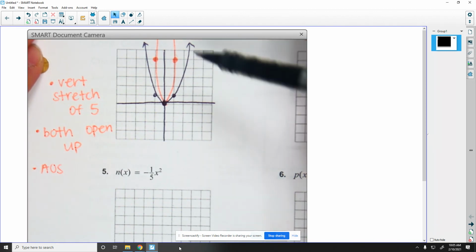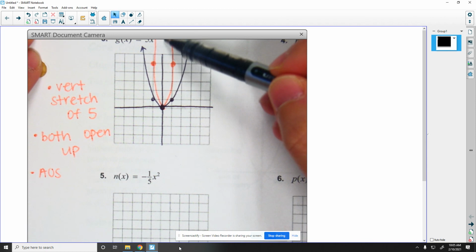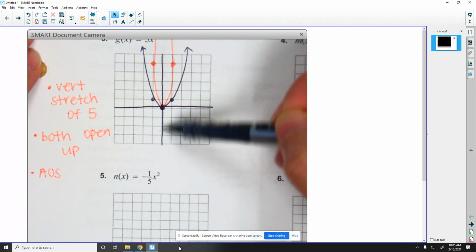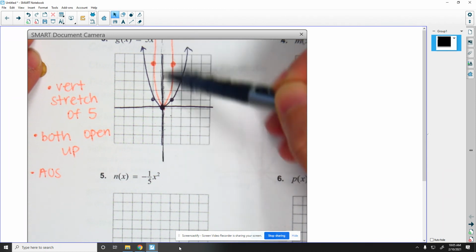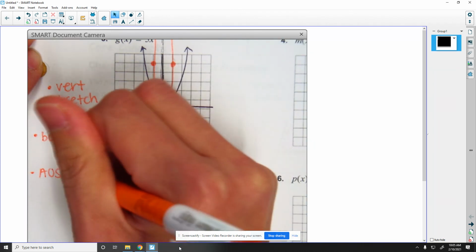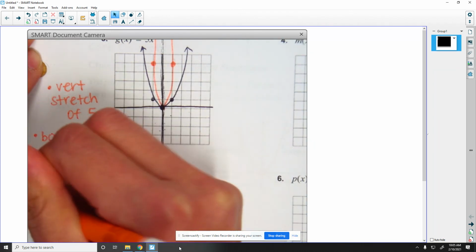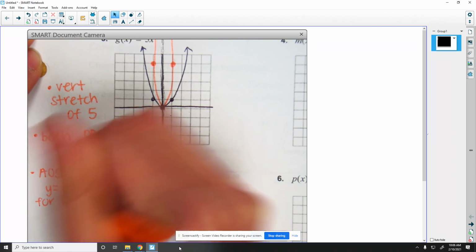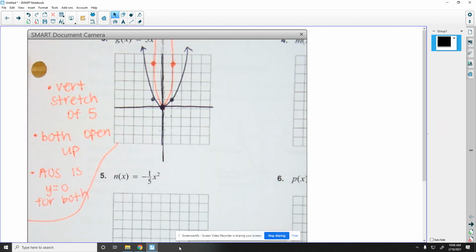Do you see how it's the same for both of them? The axis of symmetry was y equals 0 for the black one, and it's also y equals 0 for the orange one. So AOS is y equals 0 for both. So that's me comparing this picture. You're going to have to learn how to do that as well in your video notes.